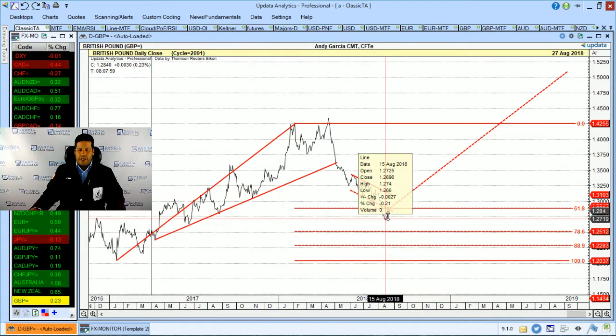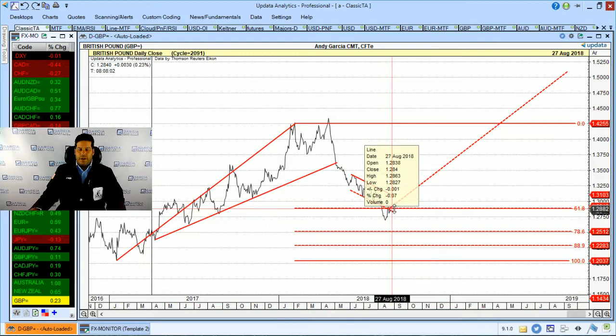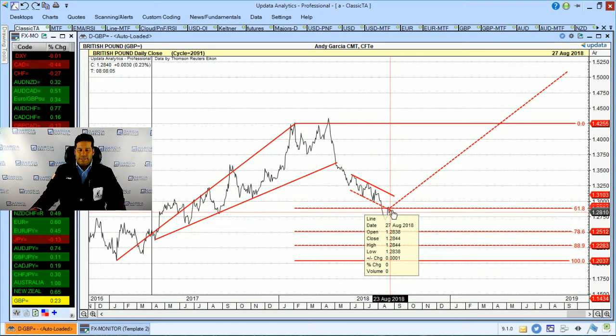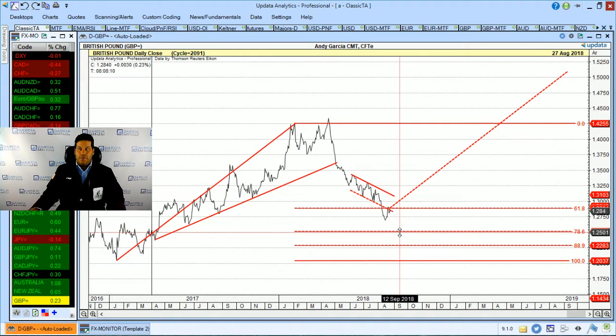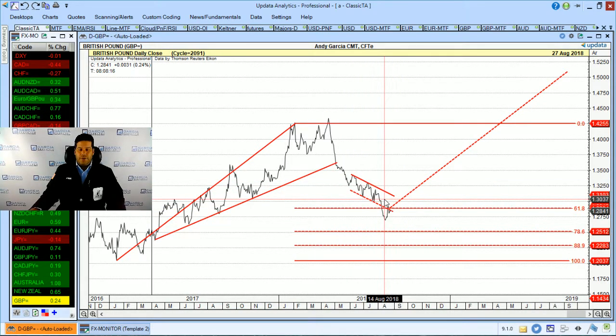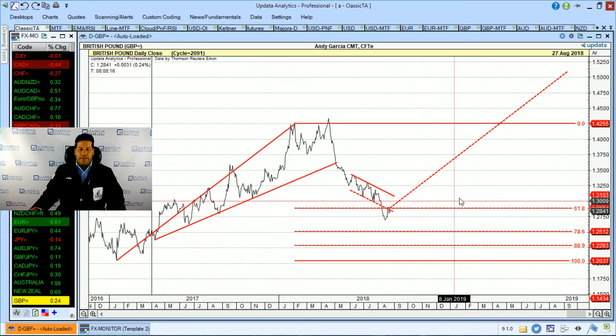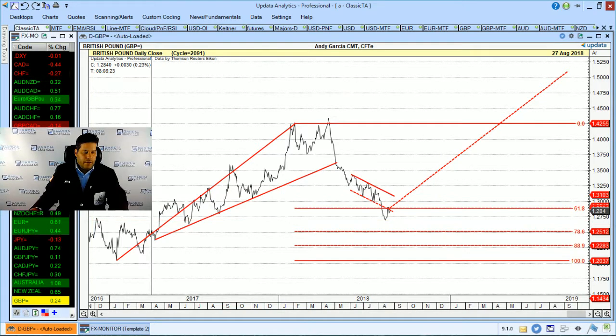Notice how it took it out, but now we're using it as resistance right now. So 129 at this very moment is resistance. Look for this market to respect this level and then work its way down to 125, as long as we can continue to stay below 130. But you know, this down channel right here is being violated, so I'm not looking for any kind of support here in the pound dollar.